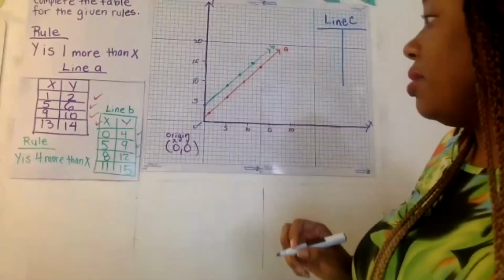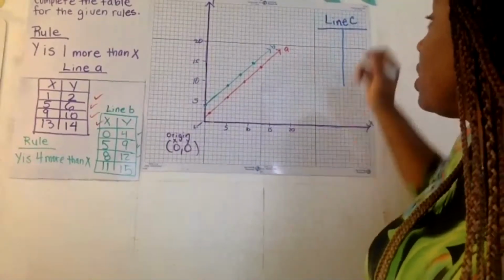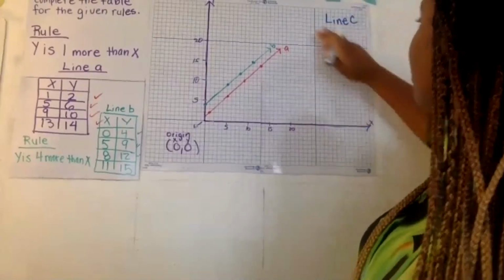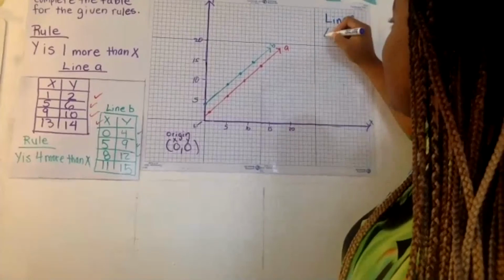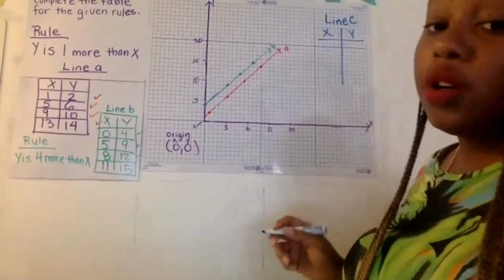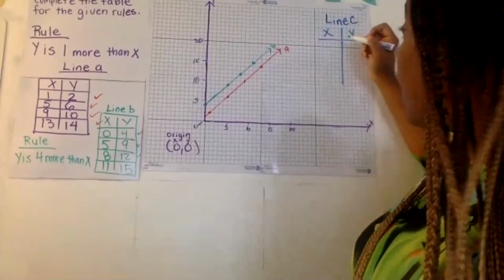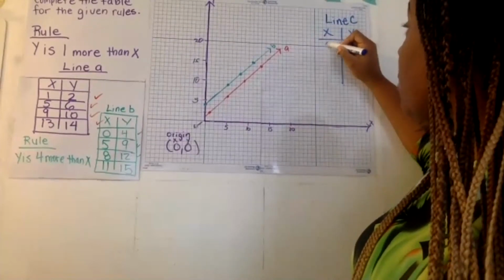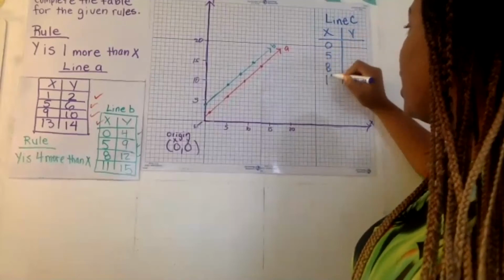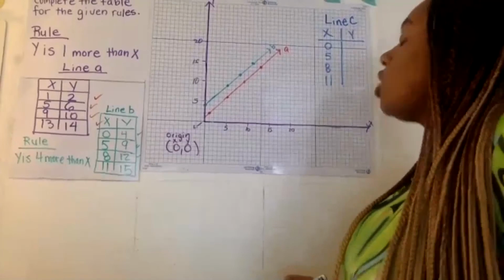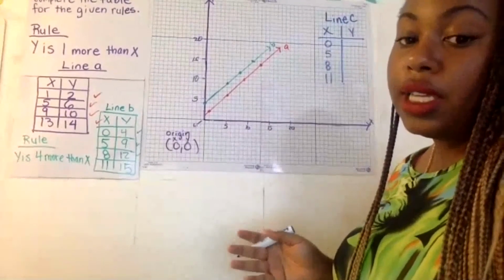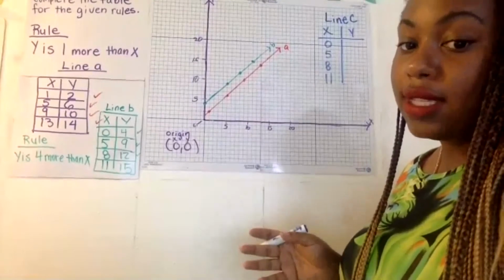Line C: we're going to continue with the same x values. For line C we have x, and we're going to have some y values. We continue with our pattern for x, which is 0, 5, 8, and 11. It tells us the rule is 7 more than x.